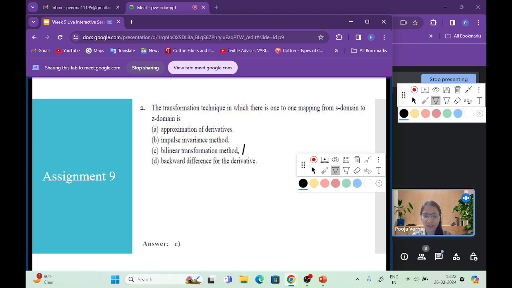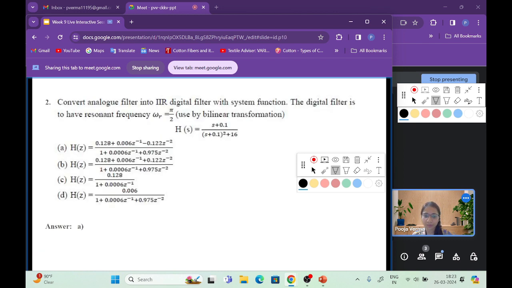Approximation of derivatives is a one-to-many mapping, impulse invariance also, and backward difference is not used for that. So bilinear transform is the correct option. For one-to-one mapping from S domain to Z domain, we will use the bilinear transformation method.